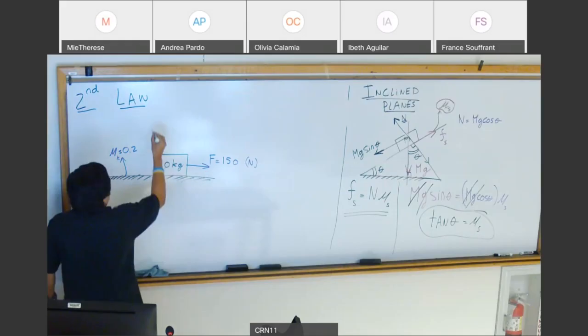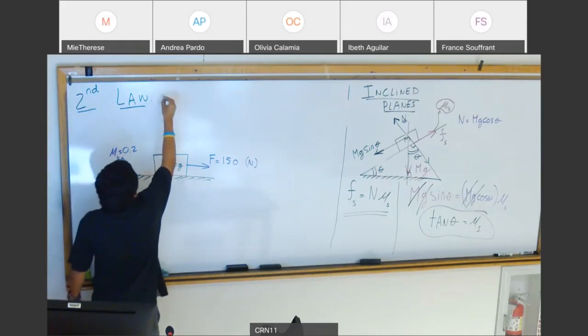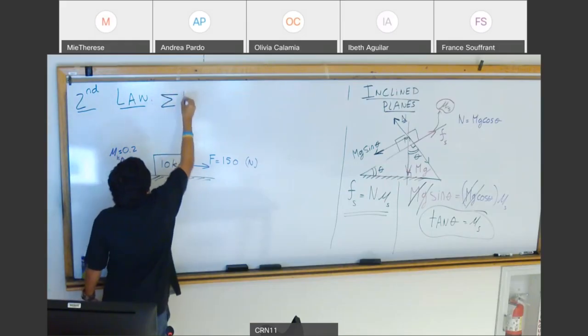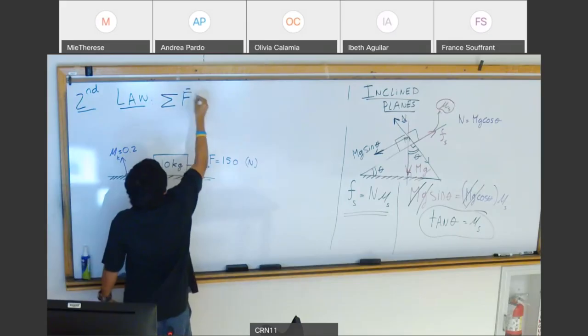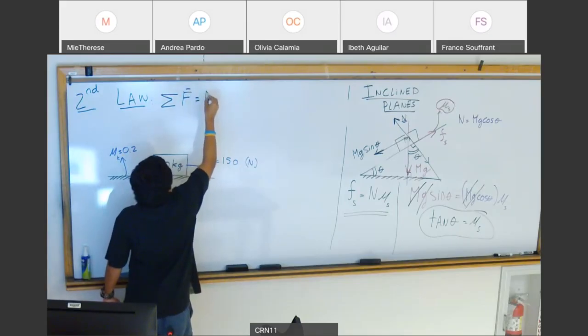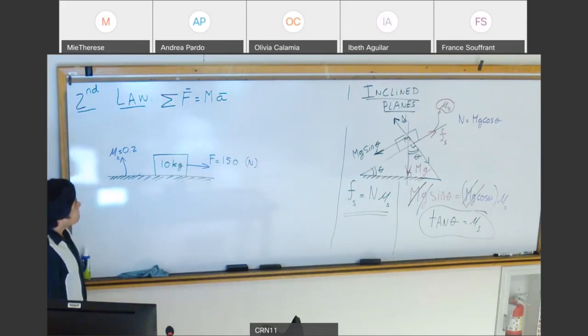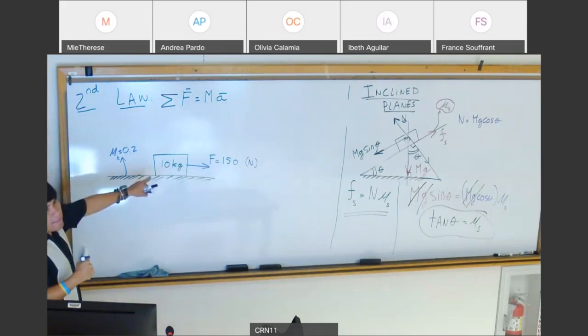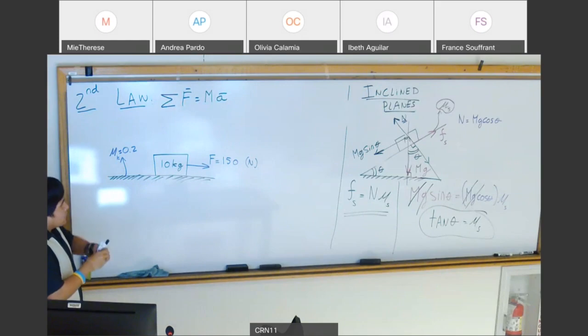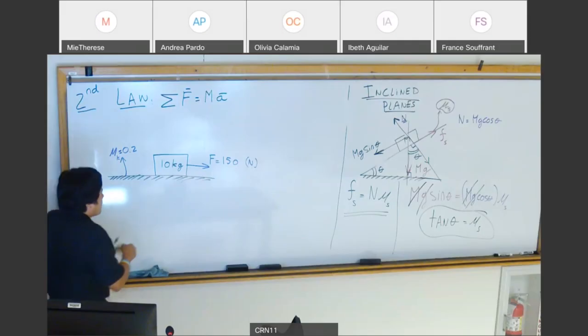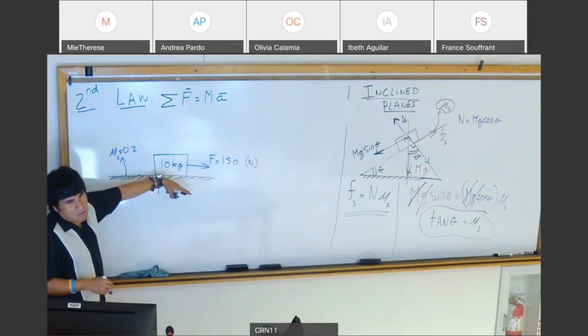So remember, the net force is equal to mass times acceleration. What's the net force acting on this body? Well, we have a force there, we need to draw them, like we did there, but this one is easier because it's on a horizontal table.